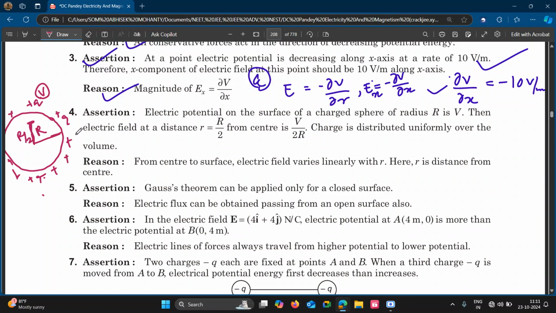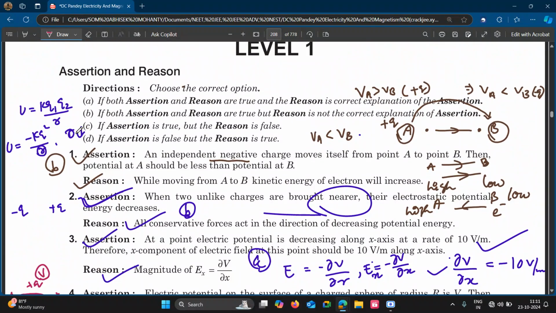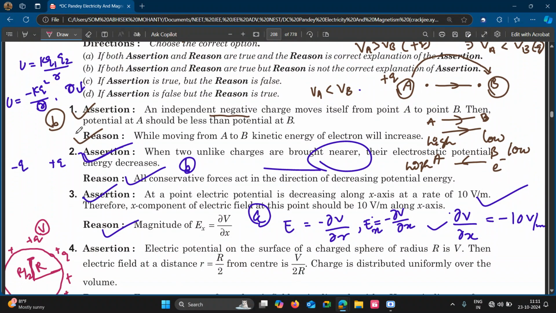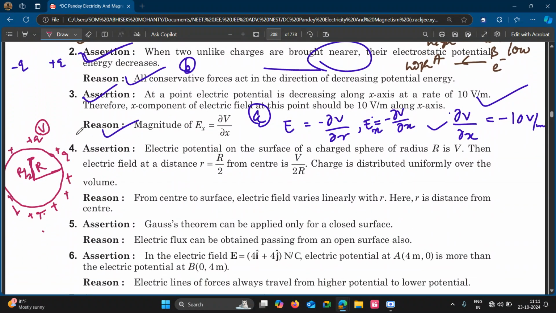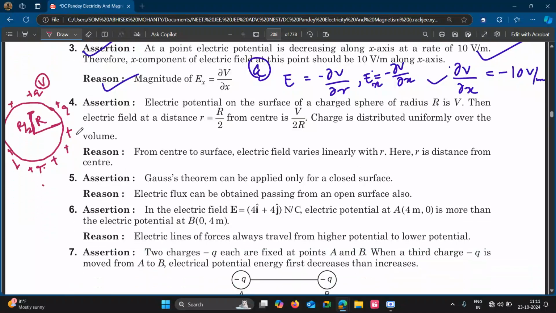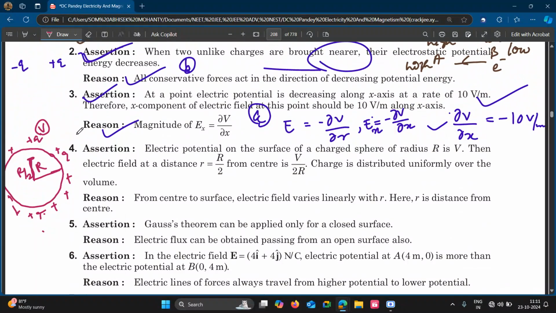Charge is distributed uniformly. Okay, let's see. From center to surface, electric field varies linearly with r. Here, r is the distance.